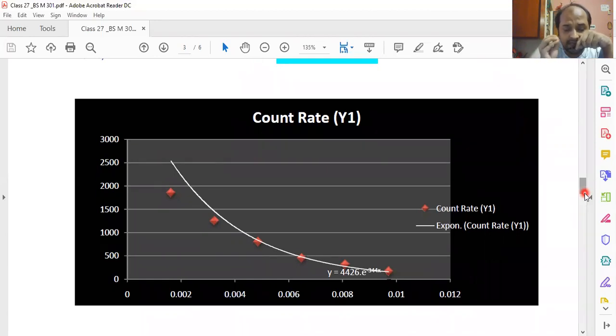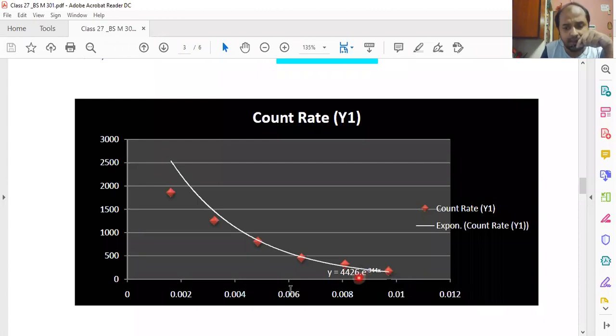When the software is considering the discrete points, maybe it is considering many digits after the decimal point, and then calculating that. So this kind of fluctuation is negligible. You can avoid this kind of fluctuation. These are negligible, but 4426 is coming.